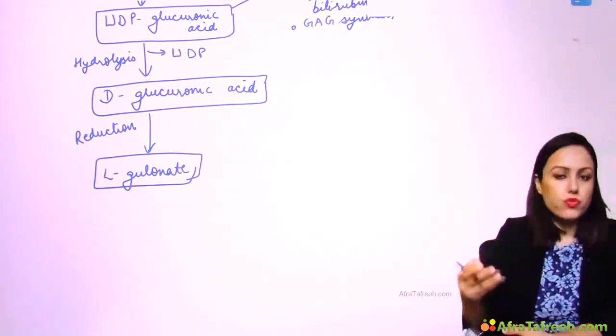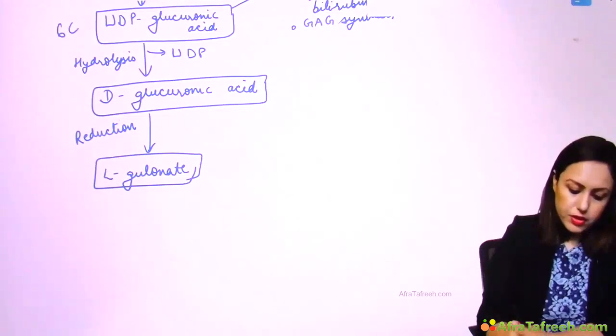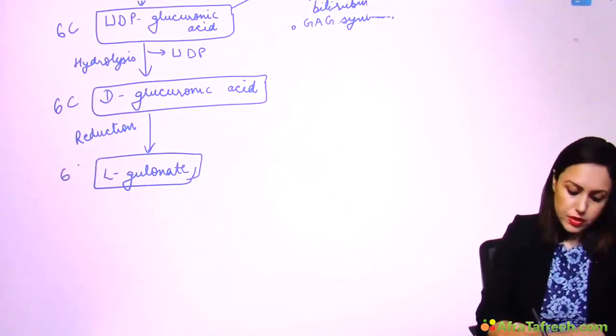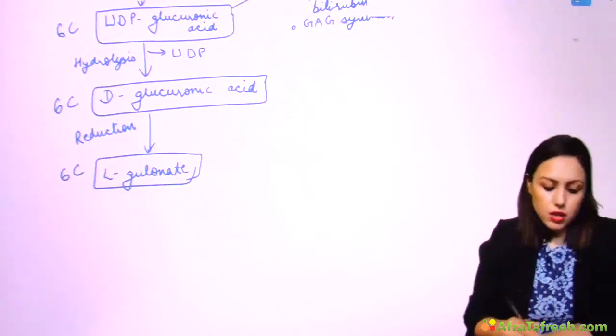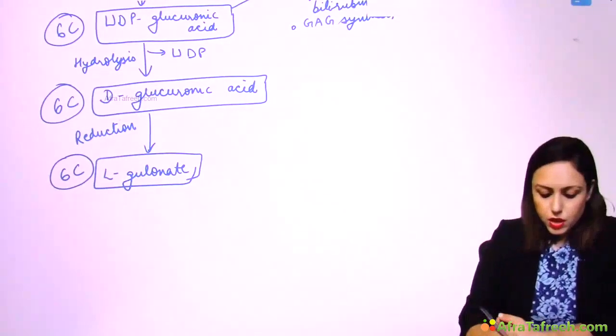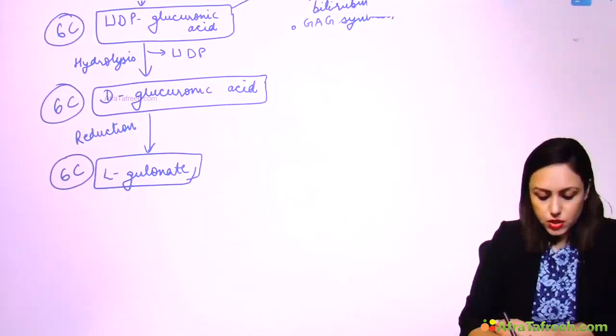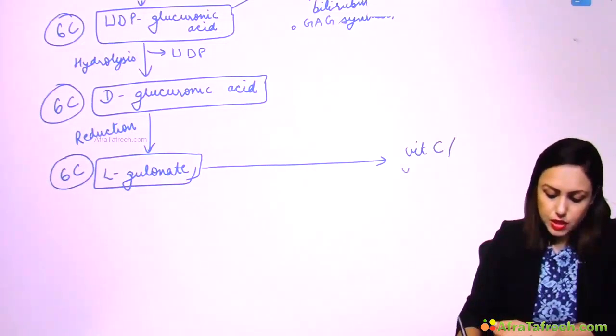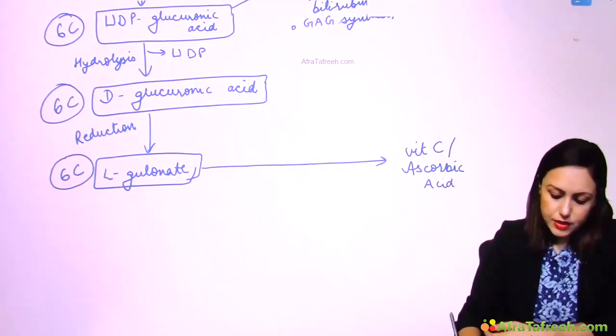All these compounds which we are talking about here, glucuronic acid, D-glucuronic acid, UDP glucuronic acid, L-gulonate, all these are 6-carbon compounds. Now this L-gulonate is used in the synthesis of vitamin C, or you can say ascorbic acid.